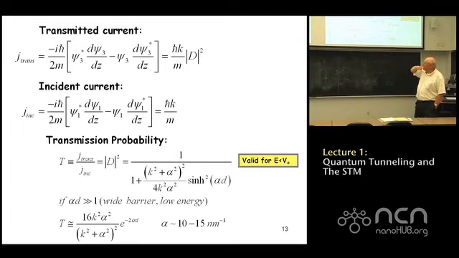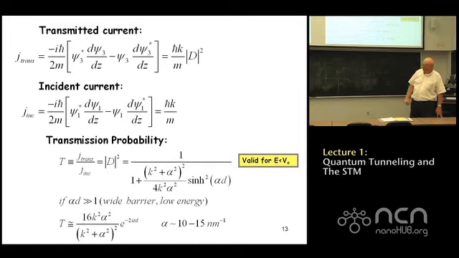And if you make the further assumption that this parameter alpha times the width of the barrier is much, much greater than 1, that just means you have a wide barrier. If your barrier is very wide, then you can reduce that hyperbolic sinh function into an exponential. And you get this real simple result, that the transmission probability is equal to a bunch of constants related to the problem, times e to the minus 2 alpha d.